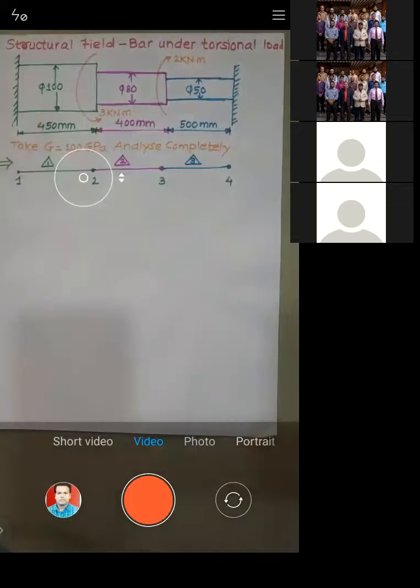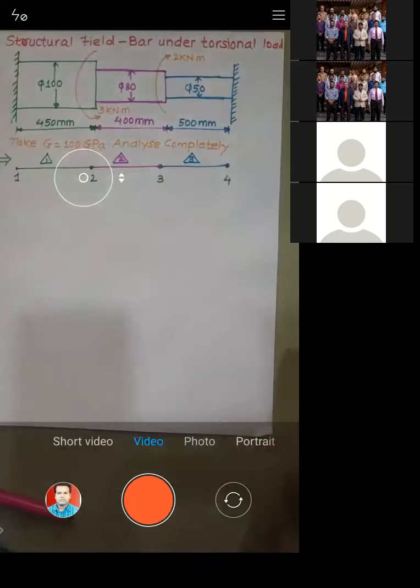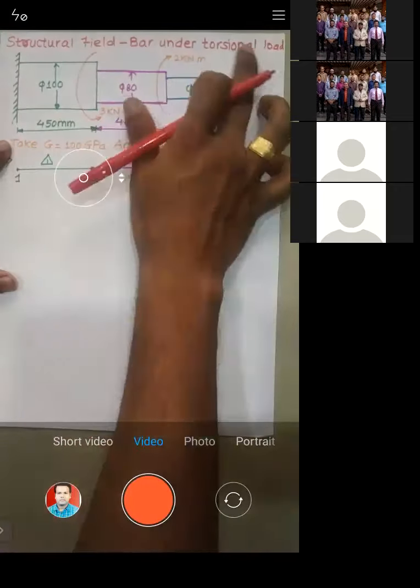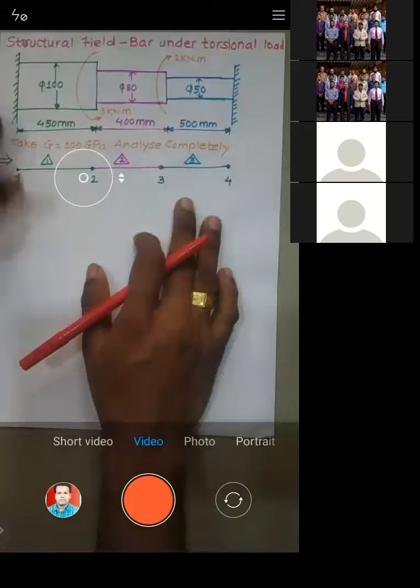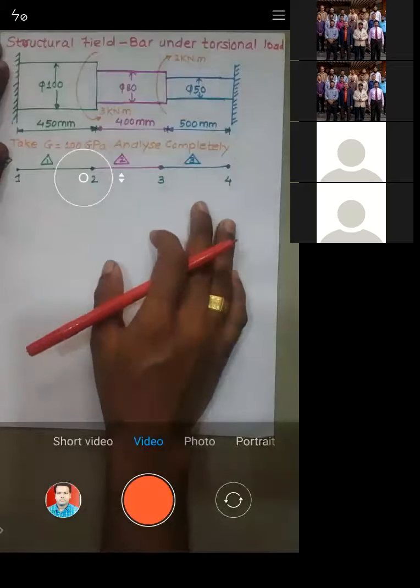Now we need to start finding the element stiffness matrices, for bar under torsional load. It is different, because for every field the element stiffness matrices will not be the same.